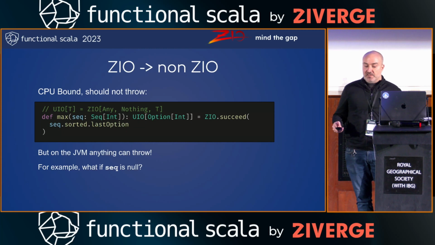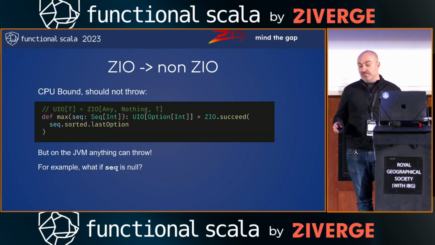But sometimes we think it shouldn't fail. For example, here we do the right thing and use lastOption of sorted to get the max, and then the ZIO type that we get is also called UIO, which is unfailable IO, so the error type is Nothing.